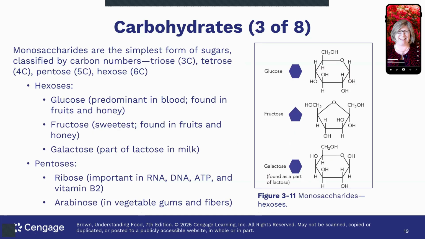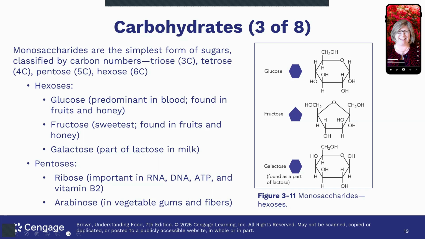Okay, so here is figure 3-11 of your hexoses, your monosaccharides that we think about in the simplest forms of sugars, which would be your hexose here. You also have other forms, but we're not talking about those right now. We're talking about these hexoses.